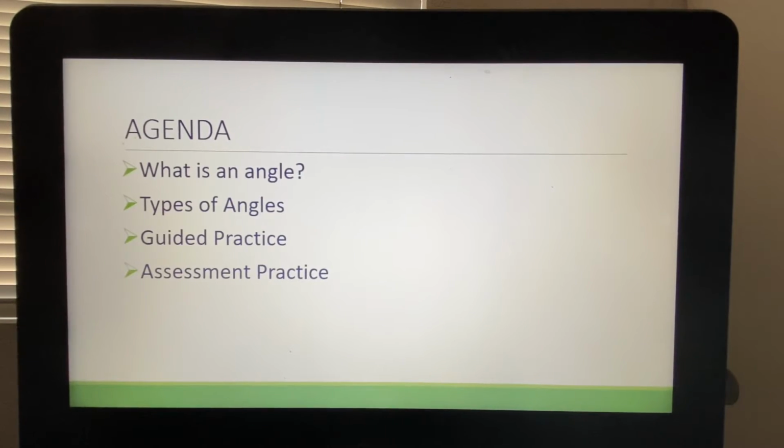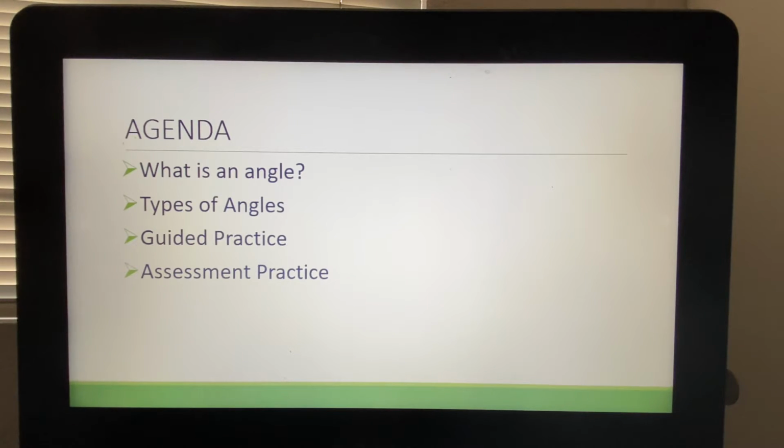So, today we'll be answering the question of what is an angle. I'll also be providing important vocabulary terms and keywords that I highly suggest you write down and highlight, because it's very important for this lesson, as well as a couple of our unit lessons in the future.